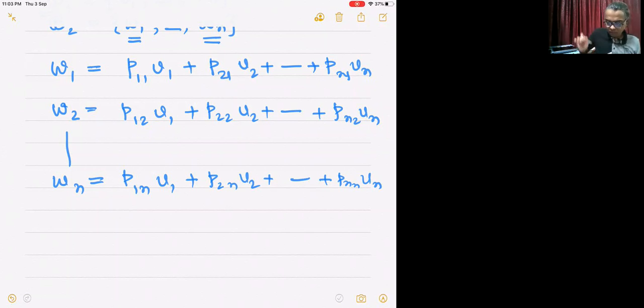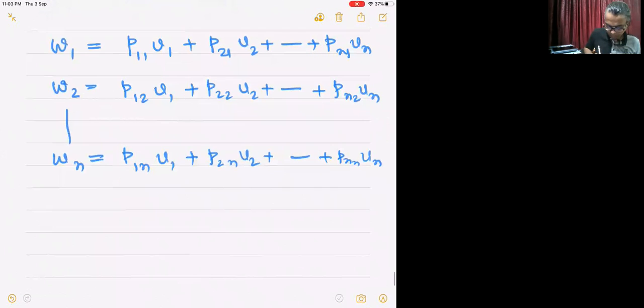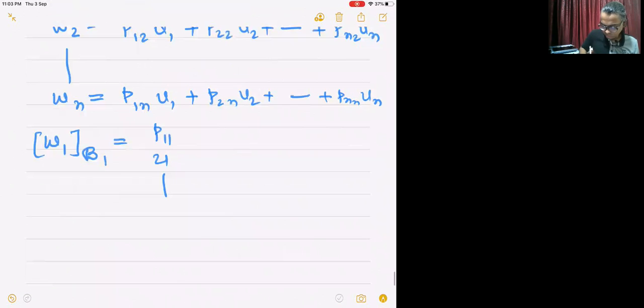Now, notice that W1 under the basis B1 is nothing but P11, P21, dot dot dot up to Pn1, right?